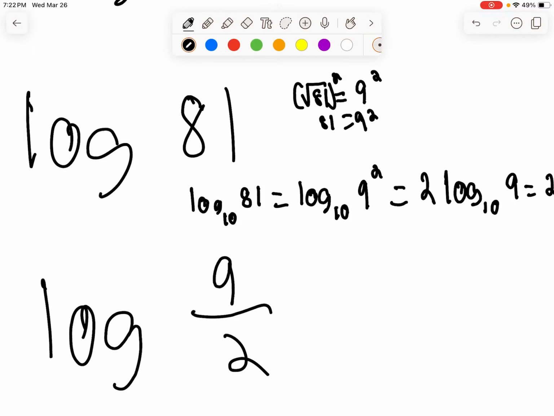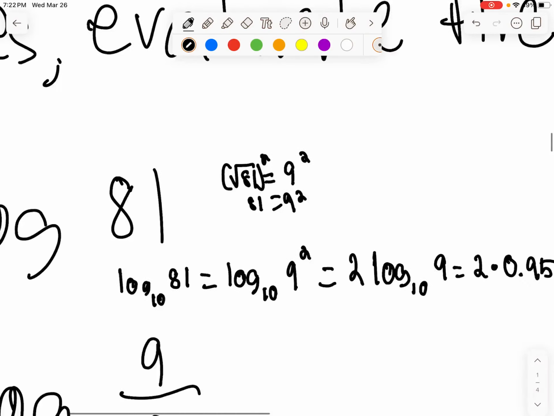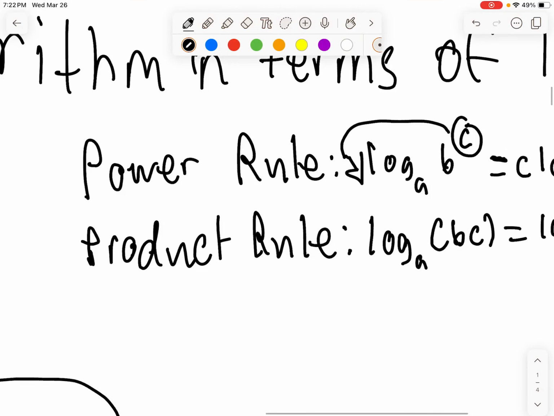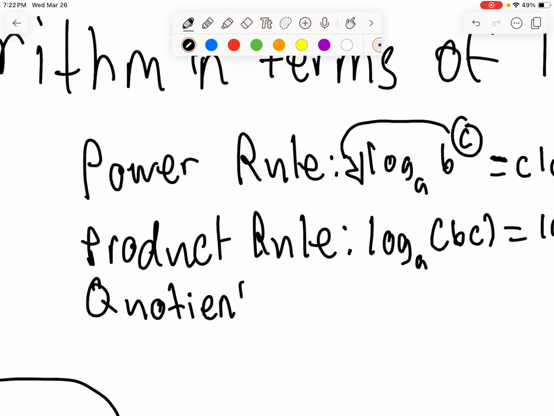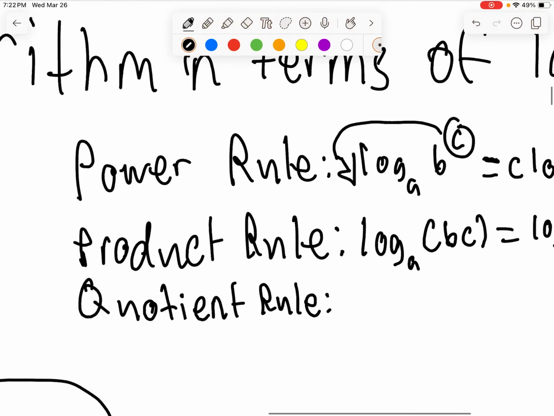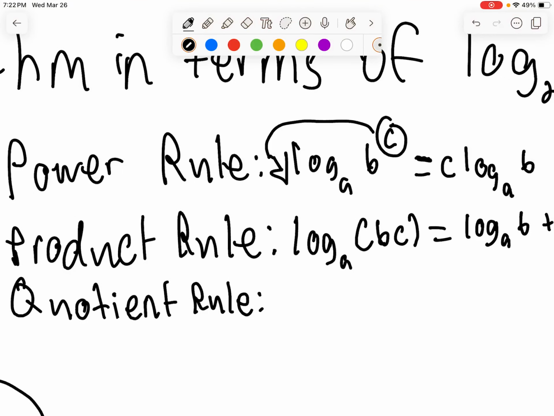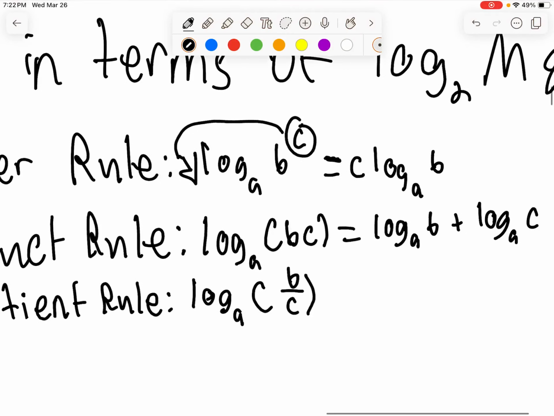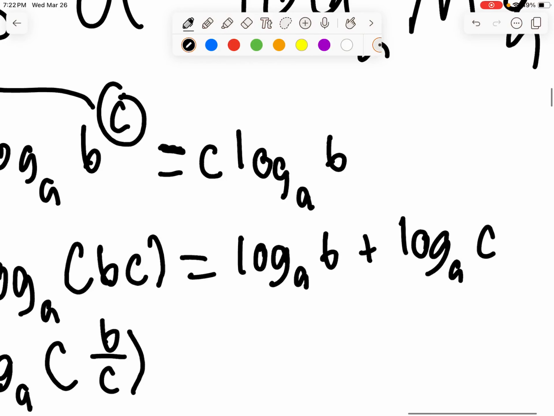This also brings us to our third property of logs, the quotient property. The principle is the same regardless of name. Let's say you have log of B over C. When you solve multiplication, you can rewrite it as plus.